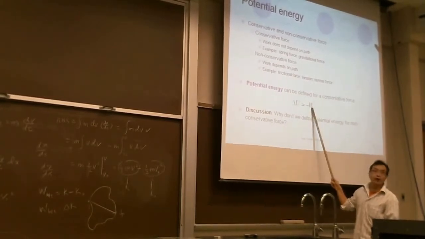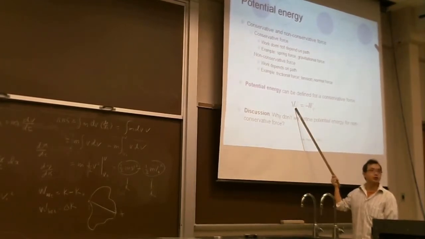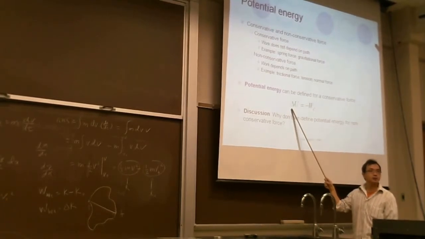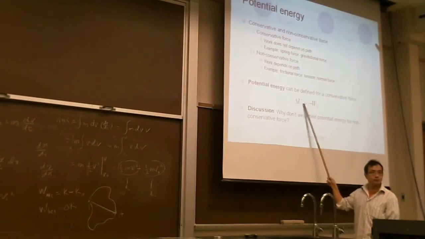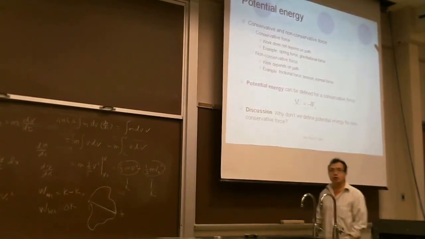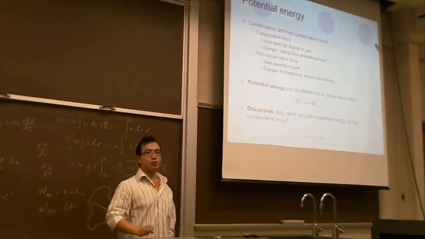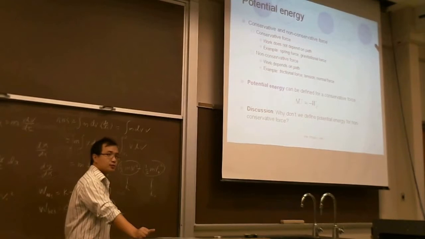The negative value of the work, we call the change in the potential energy. It's a definition. So the potential energy change is the negative value of the work done by the conservative force.